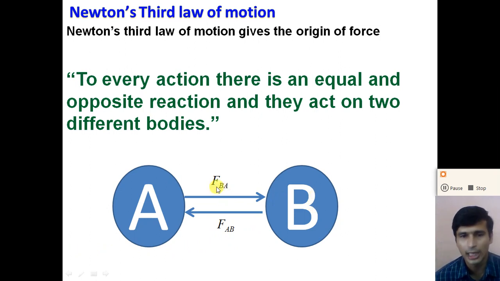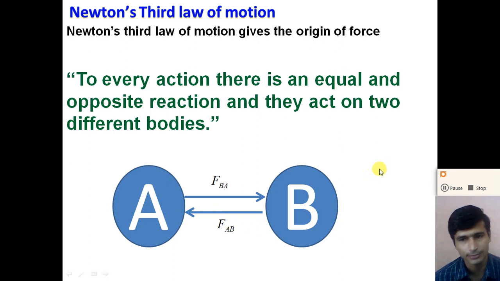F_BA is the force exerted on B due to A. So every body in the universe exerts a force on every other body. For example, if we consider two objects in the universe, object A and object B, object A exerts a force on object B. Similarly, object B exerts a force on object A, right?